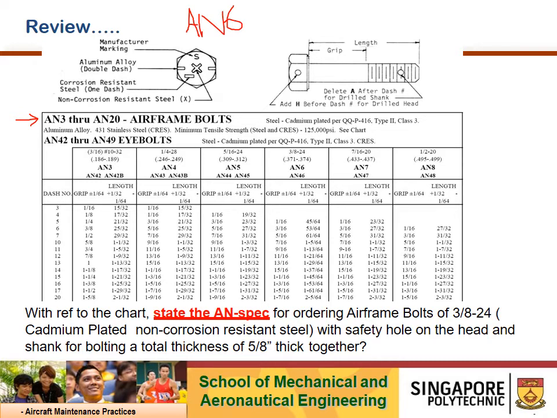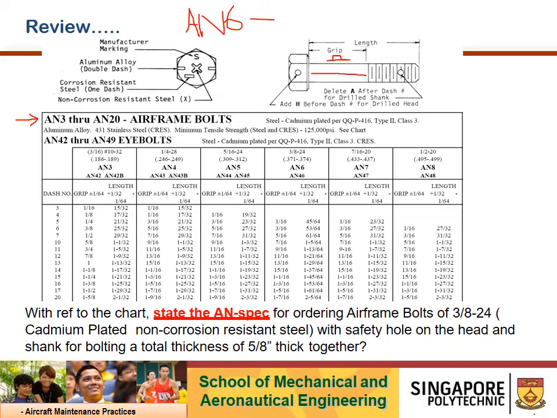Cadmium plated non-corrosion resistant bolt is represented by the dash, C is corrosion resistant, and double D is aluminum. In this case we are very interested in the dash. Let me erase this and rewrite it. So it's the dash.